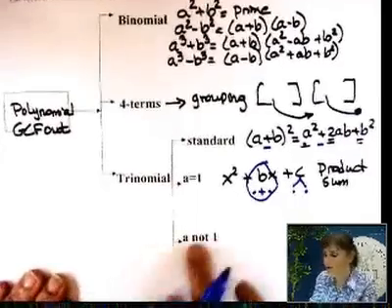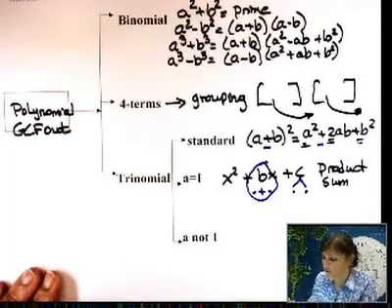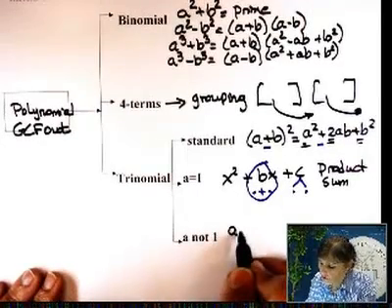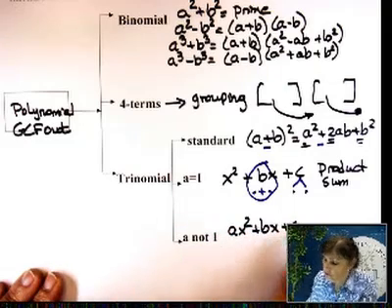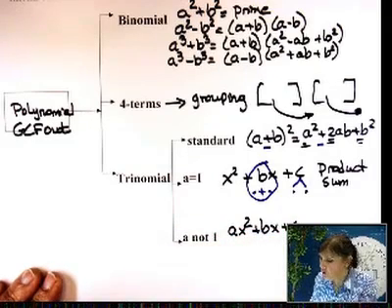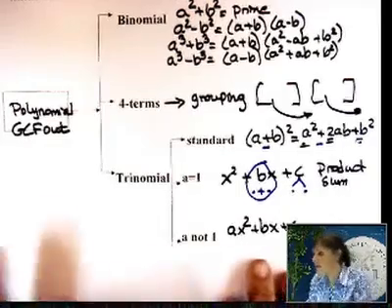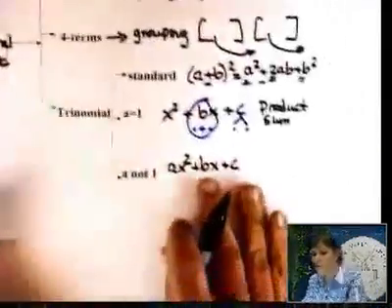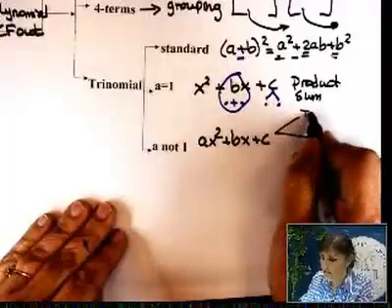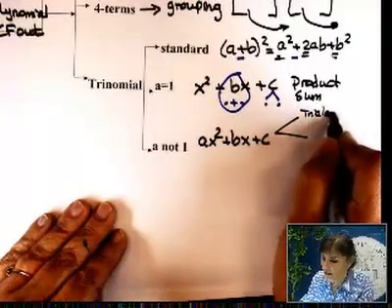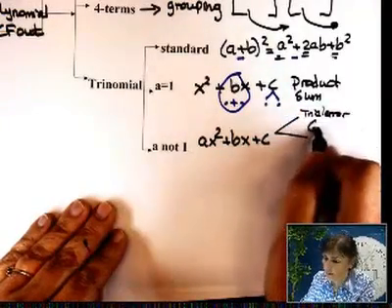Well, when the leading coefficient is not 1, so it was something like that, how'd you do that? You did it either way. So let me move this up so you can see it. You either did it with trial and error, or you did it with grouping.